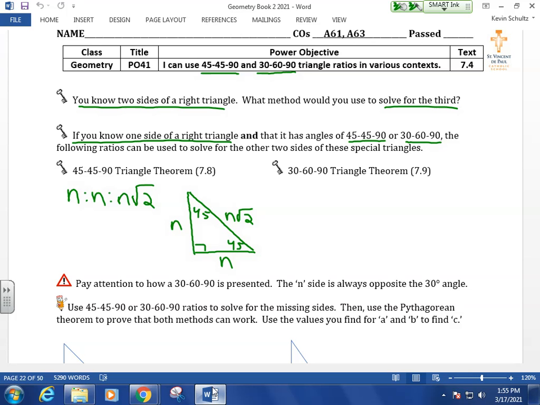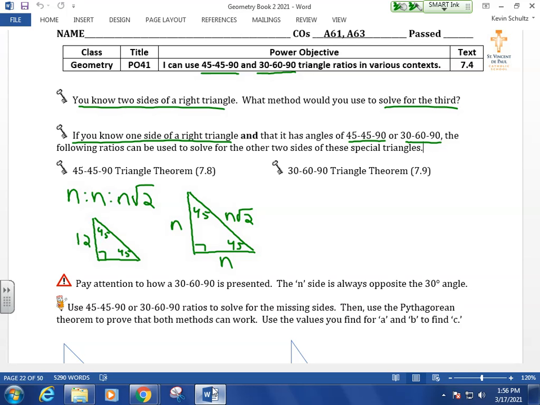So anyway, here's the application of it. If you are given a 45, 45, 90 triangle, and I tell you that one of the legs is 12, with only that piece of information, one given side, and the fact that it's a 45, 45, 90, you can tell me the lengths of the other sides.